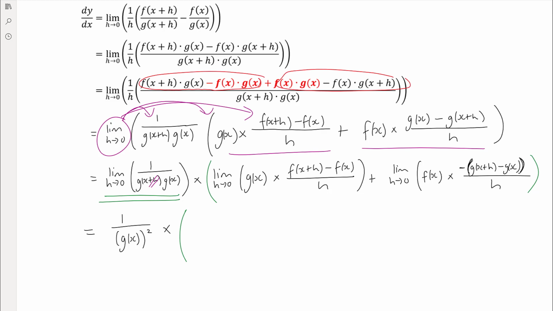Now again, let's take the limit of some things separately. Let's take the limit of g of x and the limit of all of that, the limit of f of x and the limit of all of that.